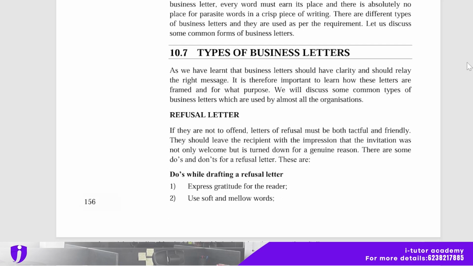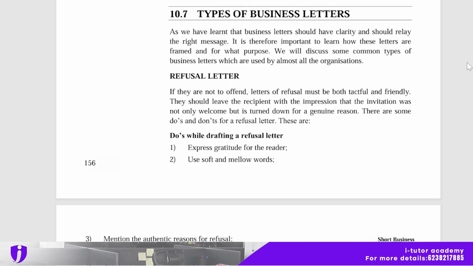Types of business letters. As we have learned, a business letter should have clarity and should relay the right message, so it is important to learn how these letters are framed and for what purpose. So, refusal letters.